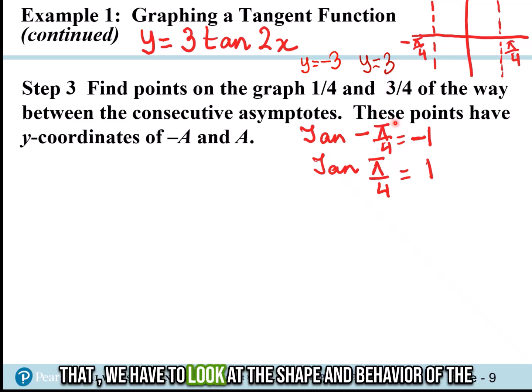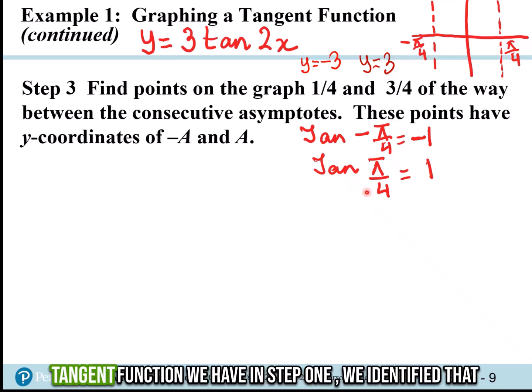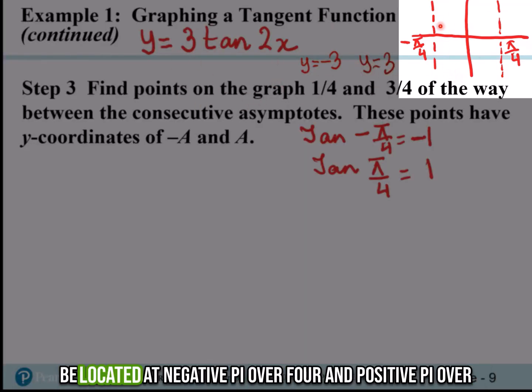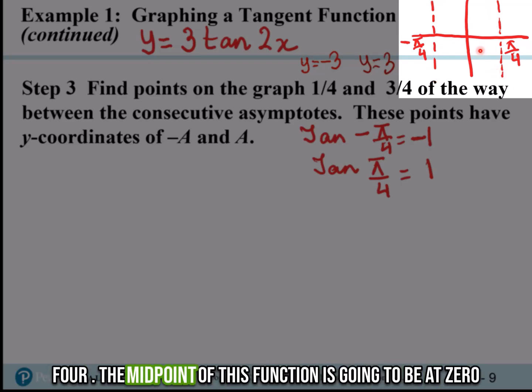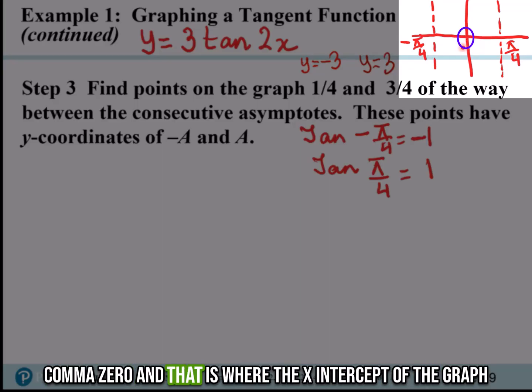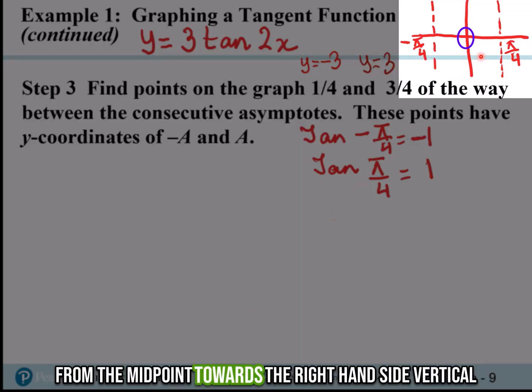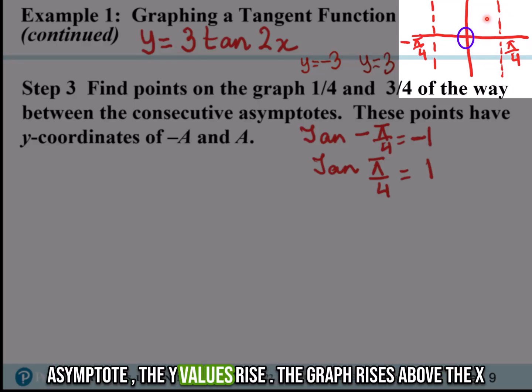For that, we have to look at the shape and behavior of the tangent function. In step 1, we identified that the vertical asymptotes of this particular function would be located at negative pi over 4 and positive pi over 4. The midpoint of this function is going to be at 0, 0, and that is where the x-intercept of the graph is going to lie, correct? And the shape of the tangent function is such that as we go from the midpoint towards the right-hand side vertical asymptote, the y values rise.